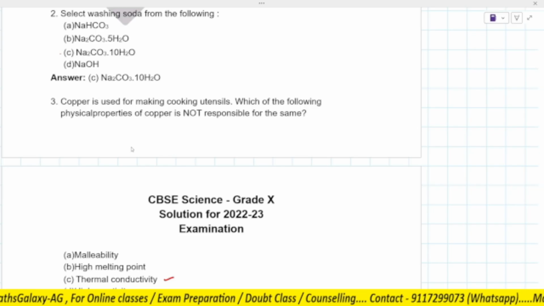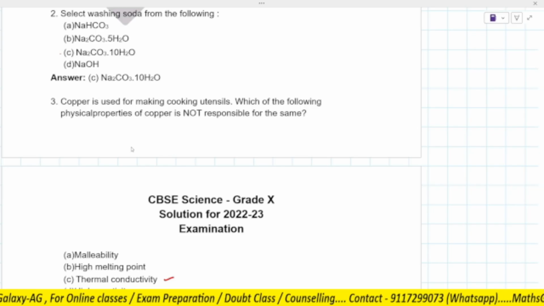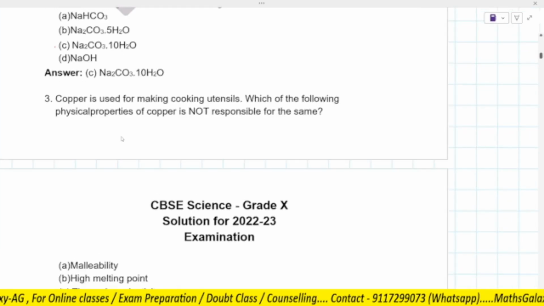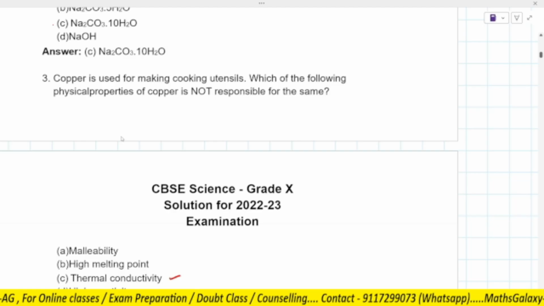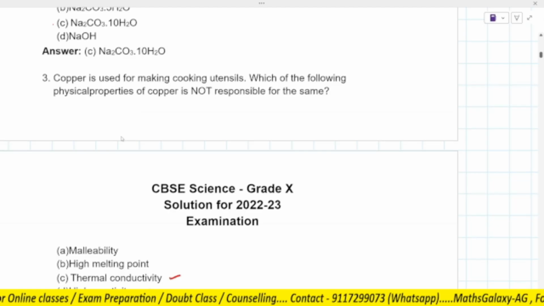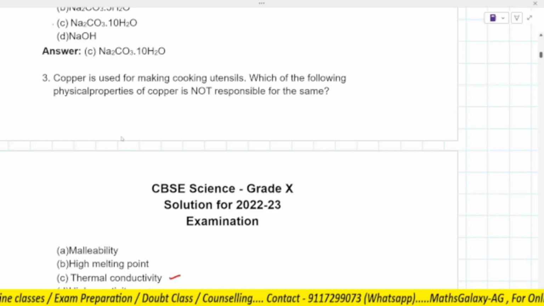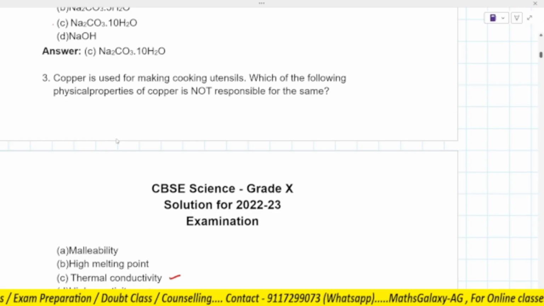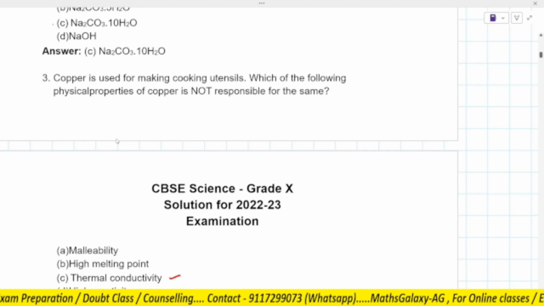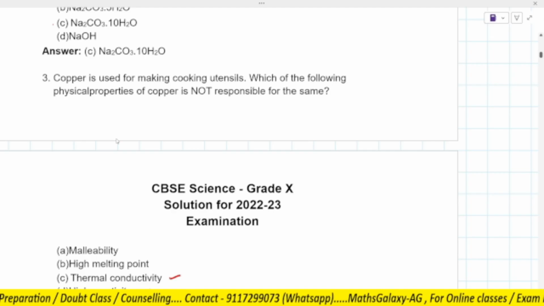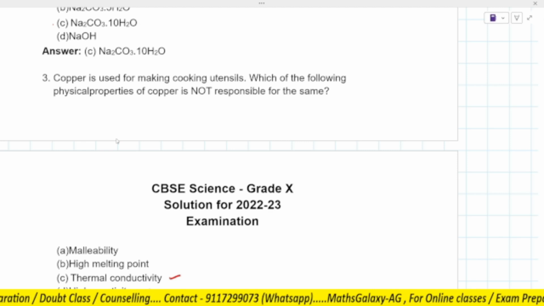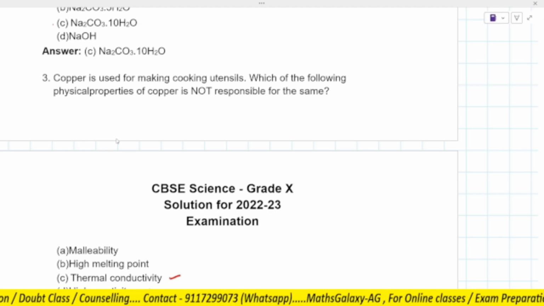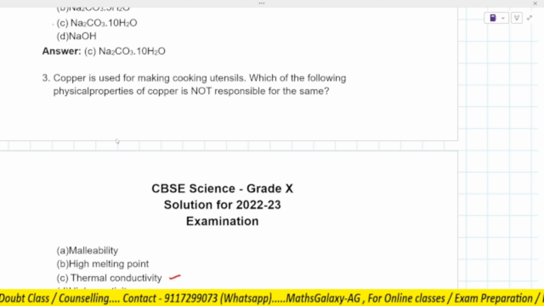Mainly thermal conductivity. I think high melting point. Which of the following is not responsible? High reactivity, right?